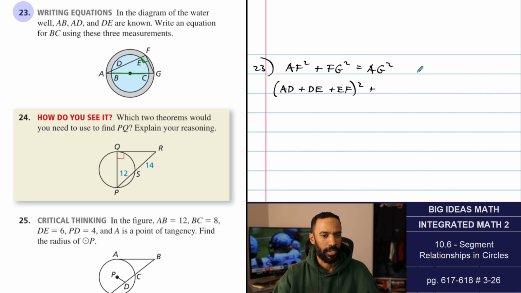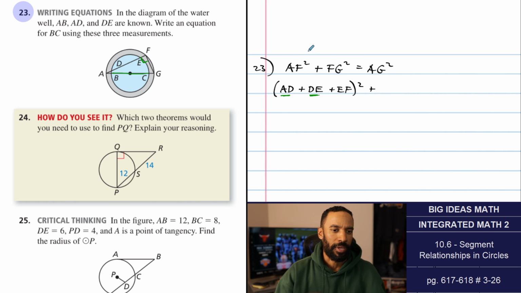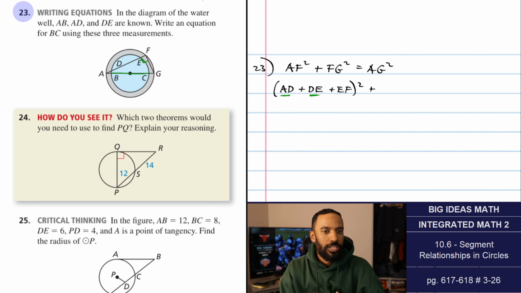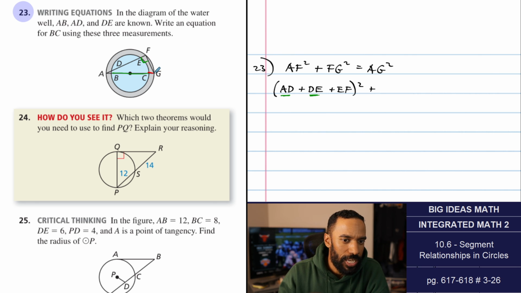I don't know if I'm doing this right. AB is known, AD is known, and DE is known. So that's known and that's known. Wait. Oh, never mind. Well, sort of. CG is going to be the same length as AB because, well, I don't know.